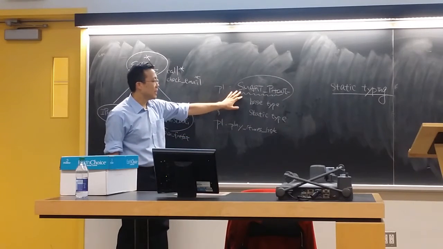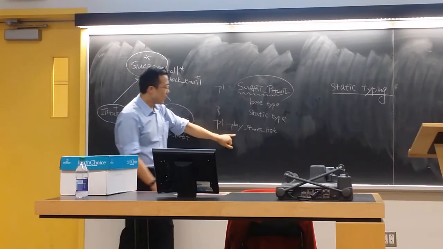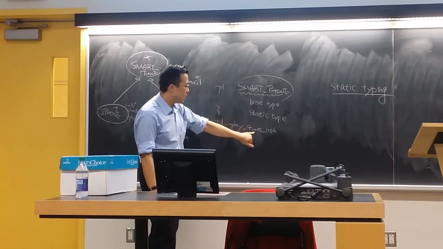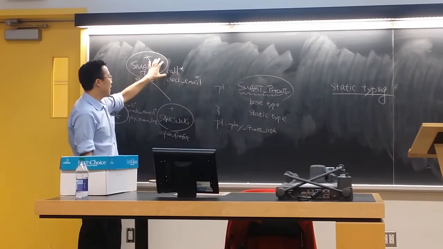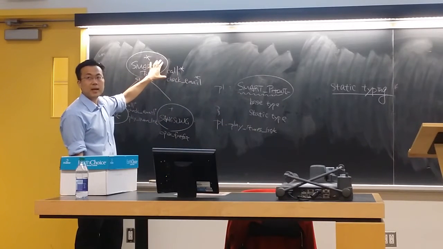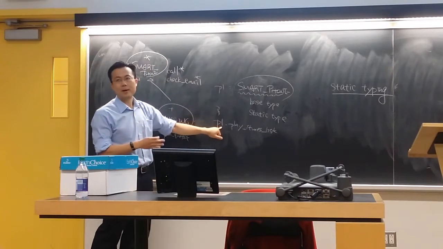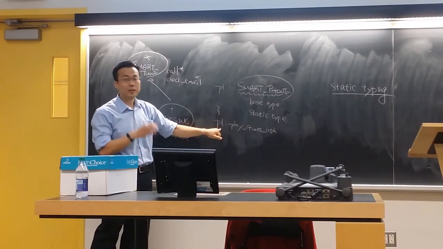In this case, it's actually smartphone. And then it's going to check to see if play iTunes list is actually some feature that's defined in smartphone. In this case, it is not. So that means this would not compile unless you do some test.